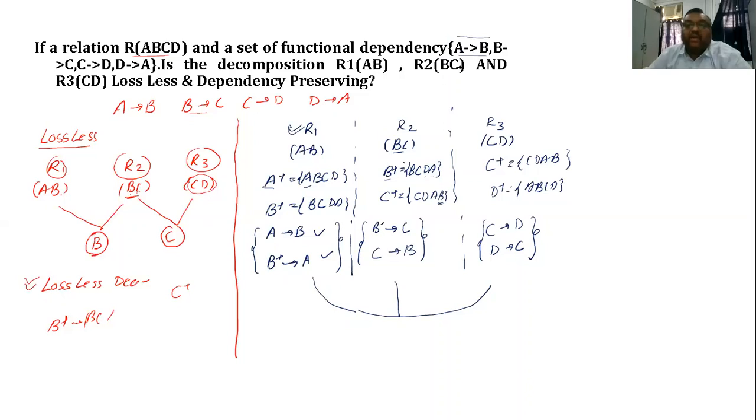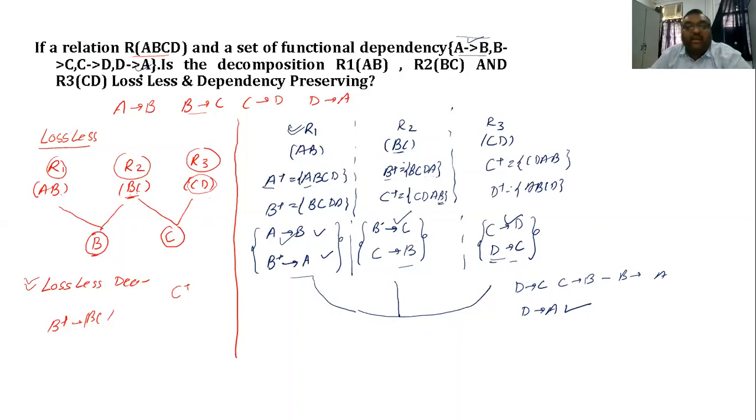For example, check A determines B. Yes, A determines B is there. B determines C is there. C determines D is there. D determines A: D determines C, C determines B, and B determines A. So from here you can write D determines A, right? So the last FD is also there.